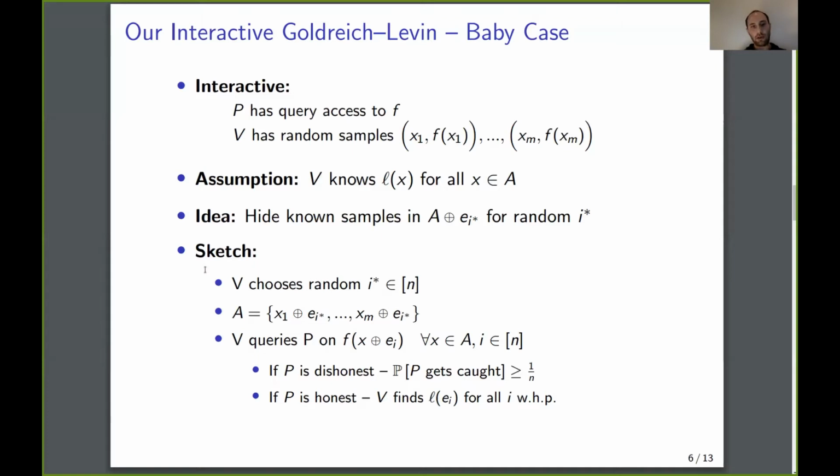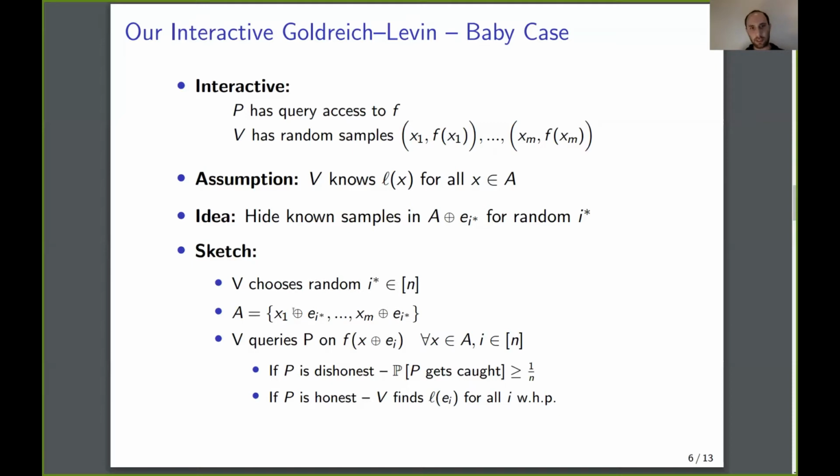So how does this work? The verifier chooses a random index i-star between 1 and n, and then it defines A to be the samples that it took. It takes samples x1 till xm, and then it shifts all those samples by e_i-star. So that's the definition of A, and that means that now the samples are basically the set A plus e_i-star.